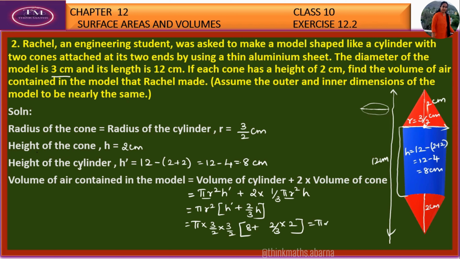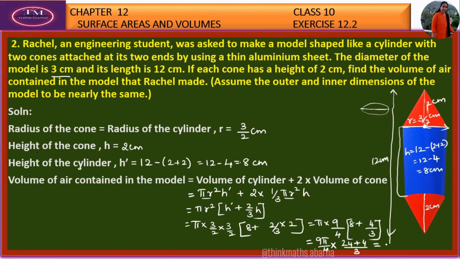Now pi into 3 3s are 9, in the denominator 2 2s are 4. So in the bracket we have 8 plus 2 into 2, it is 4 by 3. So we have 9 pi by 4 into, taking the LCM, 3 8s are 24 plus 4 divided by 3.